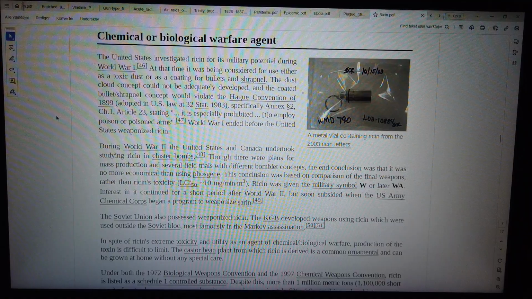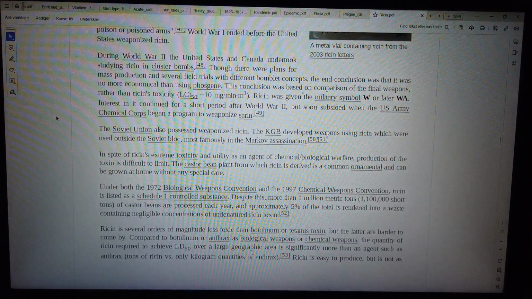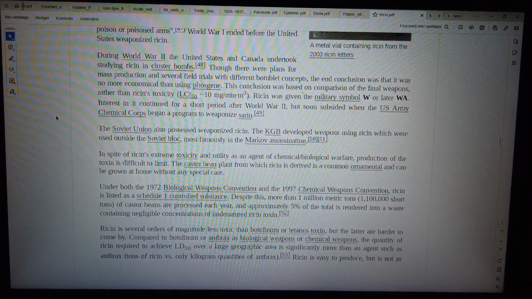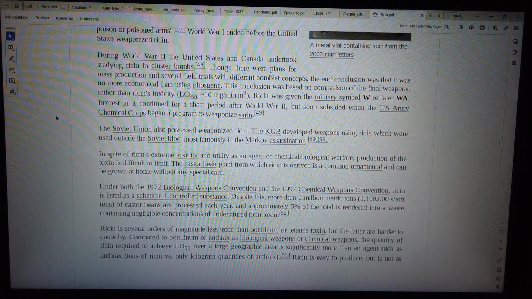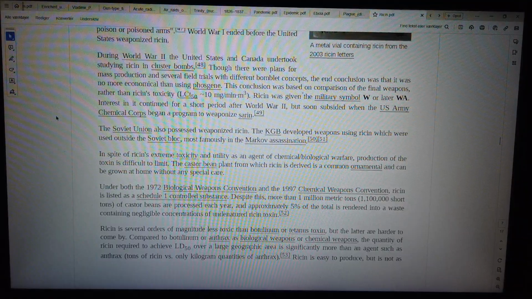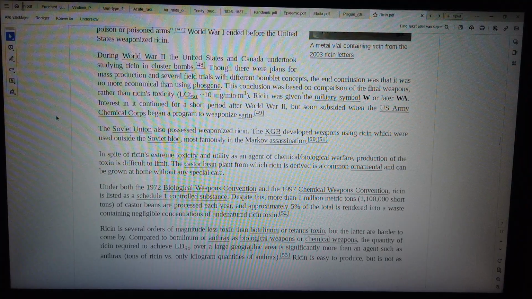During World War II the United States and Canada undertook studying ricin in cluster bombs. Though there were plans for mass production and several field trials with different bomblet concepts, the end conclusion was that it was no more economical than using phosgene. This conclusion was based on comparison of the final weapons rather than ricin's toxicity.